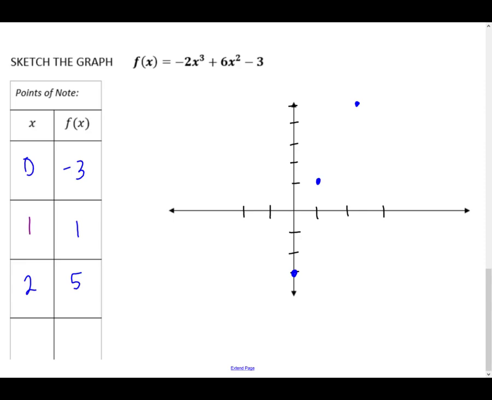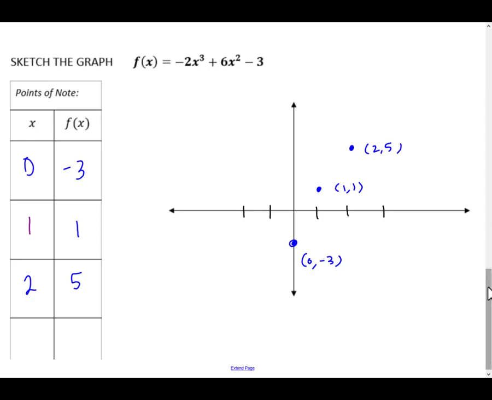Sometimes it's easier if we don't have it to scale. All right? What I mean by that is I'm just going to say, all right, 0, down 3, over 1, up 1, and over 2, up 5. That is just higher. It doesn't matter. So 0, negative 3, 1, 1, and 2, 5. Those are my points on my graph.